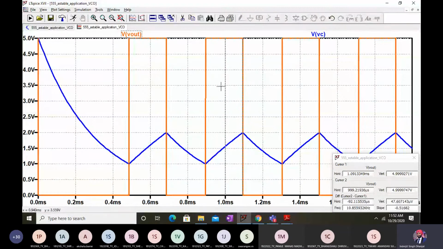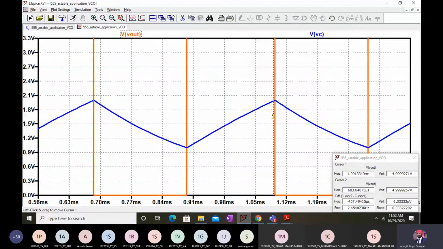Another cursor I'll take. So one of you note down the period. It's around 409 microseconds. So the frequency is 2.44 kilohertz.